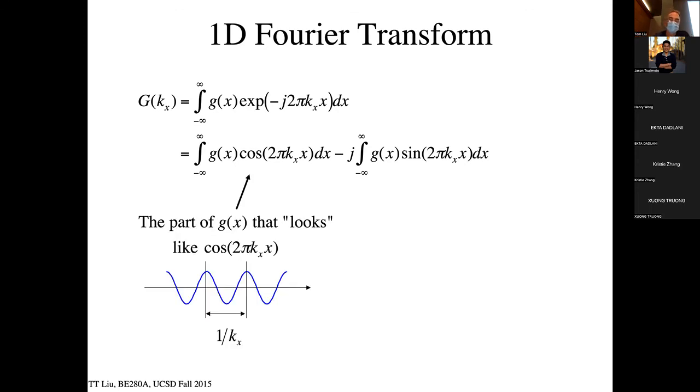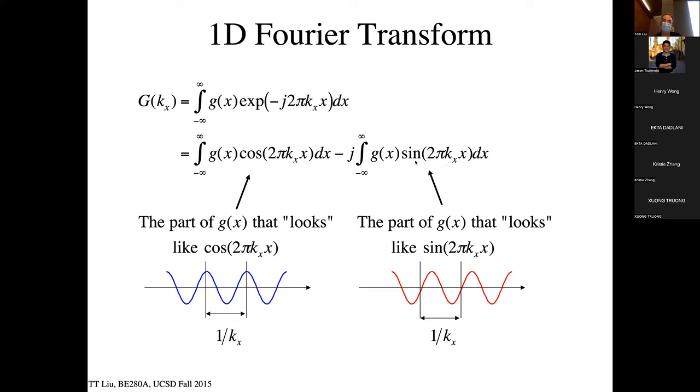Okay, so here's the cos 2 pi kx x. Anything that looks like this function, such that they don't cancel each other out, you will get a positive value. And anything that looks like this function, like this g of x, you'll get a big term here.